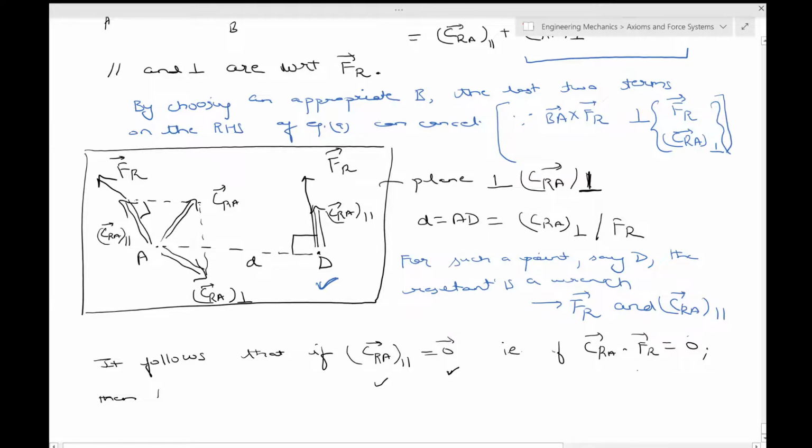Similarly, if the left hand side is a scalar, the right hand side should also be a scalar. So I think it's good practice to do it like this.